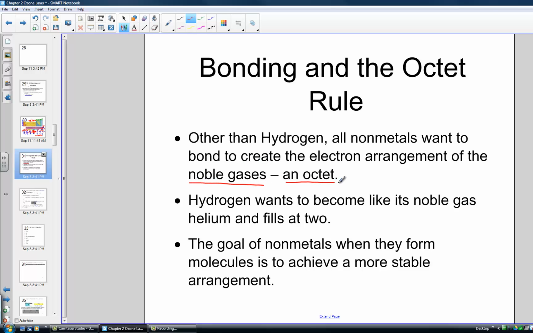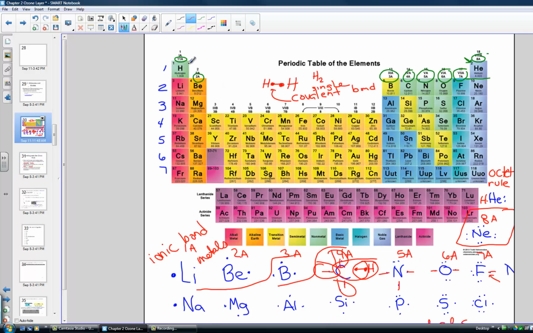We call this the Octet Rule. Now I say not hydrogen because hydrogen's noble gas is helium, and helium fills with 2. So to repeat, every element that's a nonmetal, here's hydrogen, wants to have 2 electrons to fill the first energy level to be like helium.